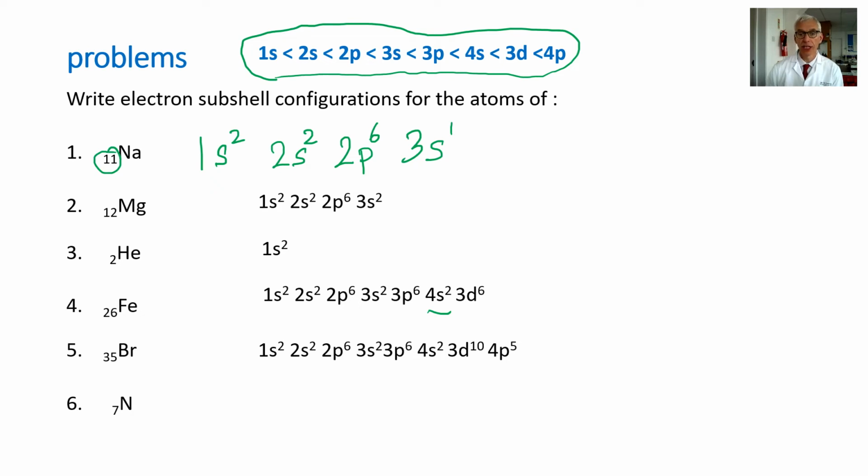So after 3d, if we look at the order at the top of the page, 3d is followed by 4p. And then, excuse that scribble, if we reveal nitrogen, 1s2, 2s2, 2p3. Okay, let's move on.